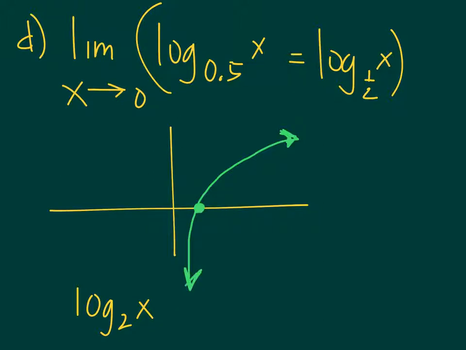It will go to negative infinity. However, if you have log base a half of x, it's already a fraction less than 1, so it will be the opposite. The graph will be in this way. Na reverse lang.